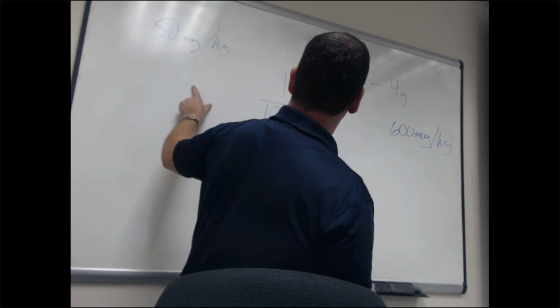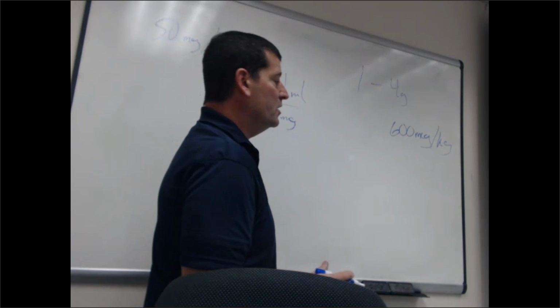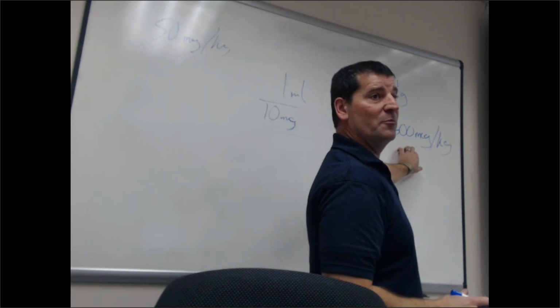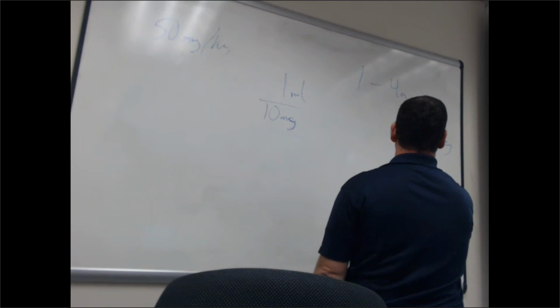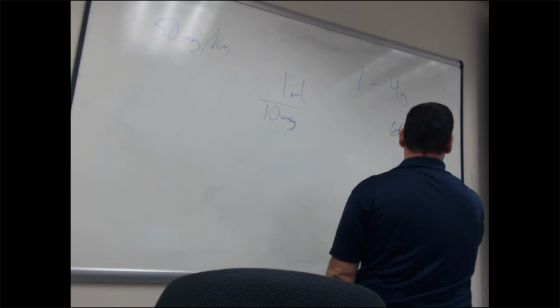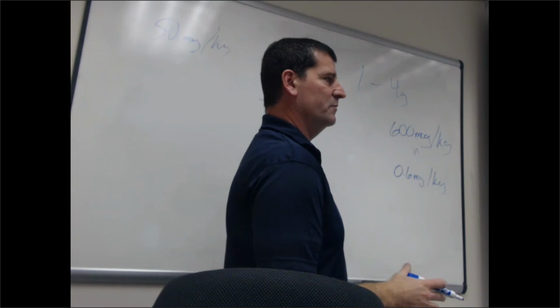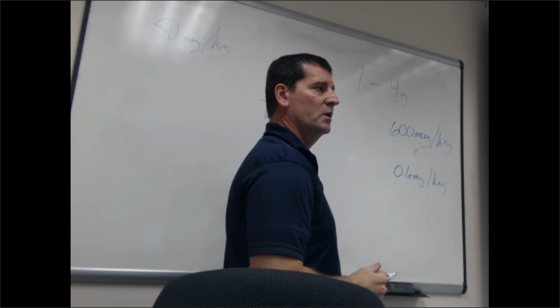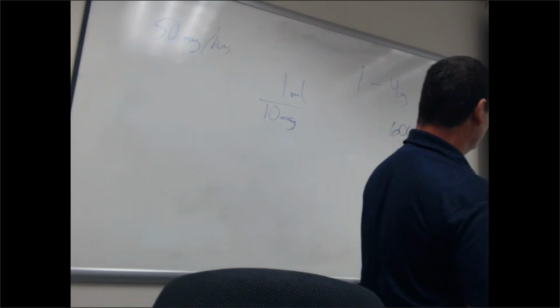If I give micrograms and I have milligrams, I have to do a conversion, right? So you can treat this as 600 micrograms, or you can treat this as equal to 0.6 milligrams per kilogram. Same thing there, right? Another paralytic, a non-depolarizing paralytic. We'll get into those areas too.